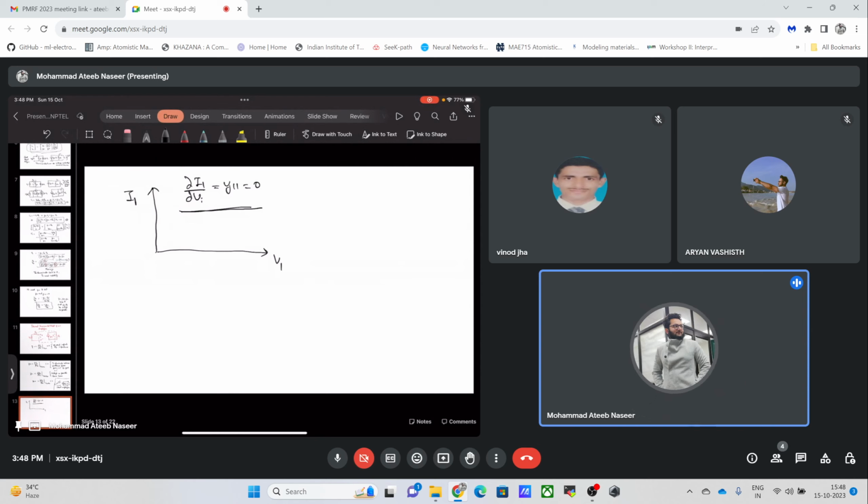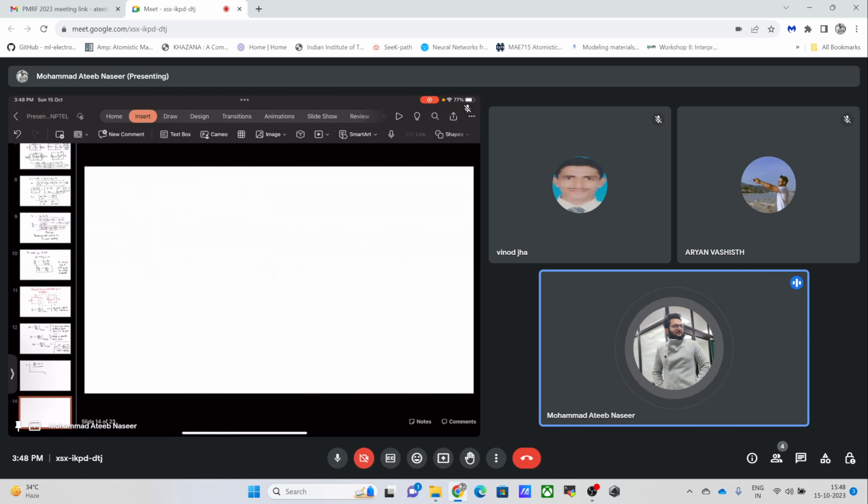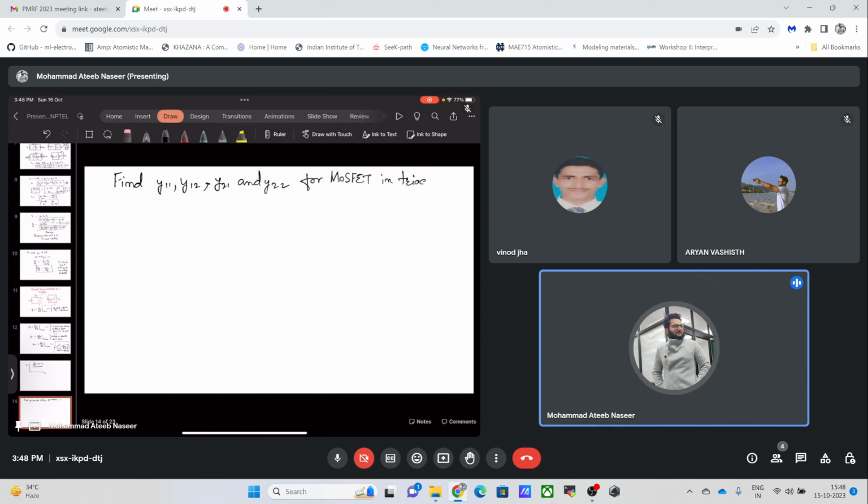If I draw this simple MOSFET model and try to find these y parameters, find y11, y12, y21 and y22 for the MOSFET in both triode and saturation region.